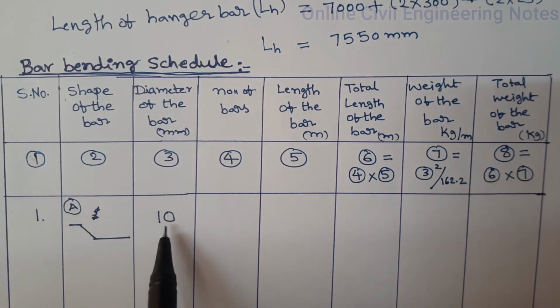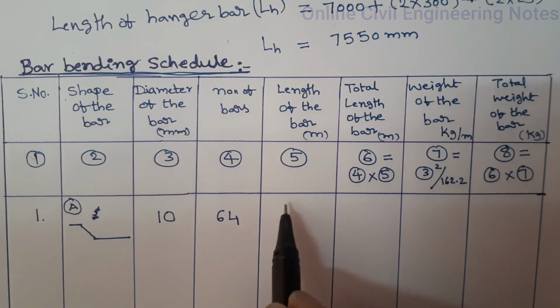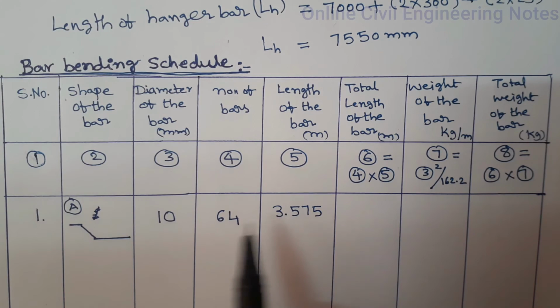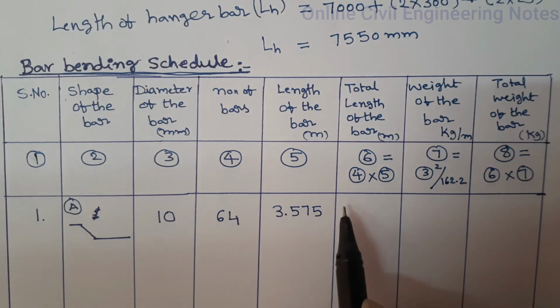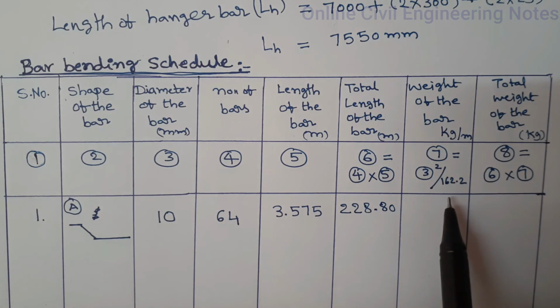So for the main cranked bar, number of bars calculated are 64, length of the bar is 3.575, total length is equal to number of bars into length of the bar, 228.80 meters. Weight is equal to diameter square by 162.2.